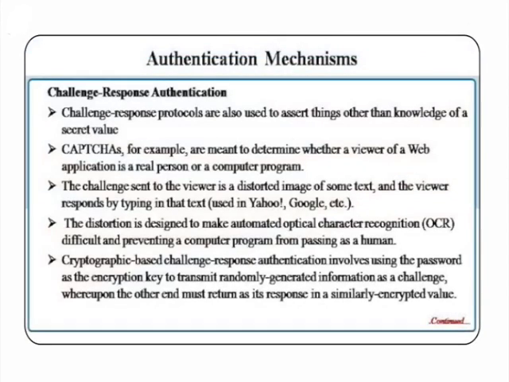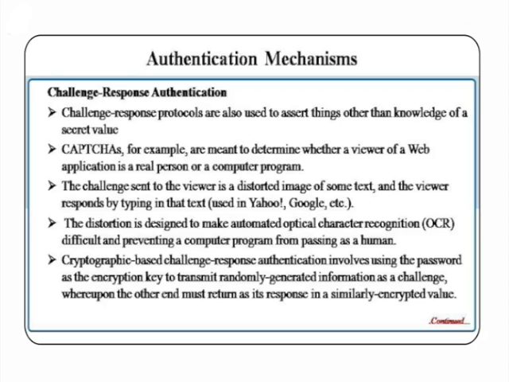These challenge response protocols are also used to assert things other than knowledge of secret values. CAPTCHAs, for example, are meant to determine whether a viewer of a web application is a real person or a computer program. The challenge sent to the viewer is a distorted image of some text, and the viewer responds to it by typing in that text.